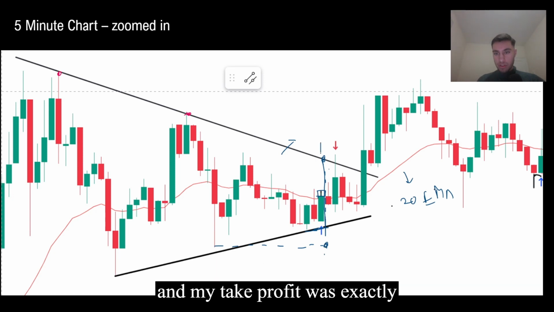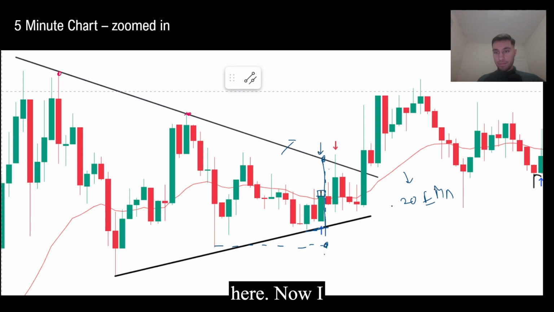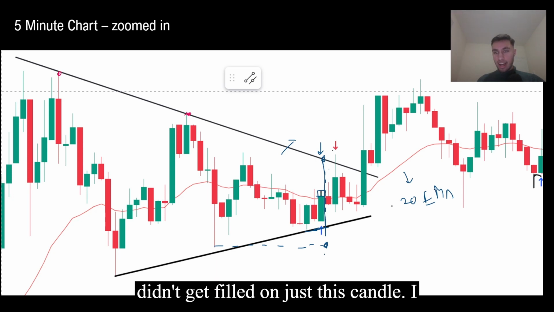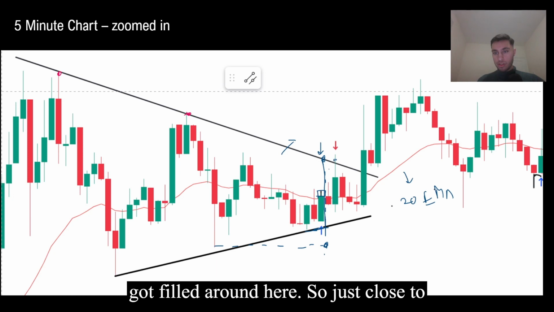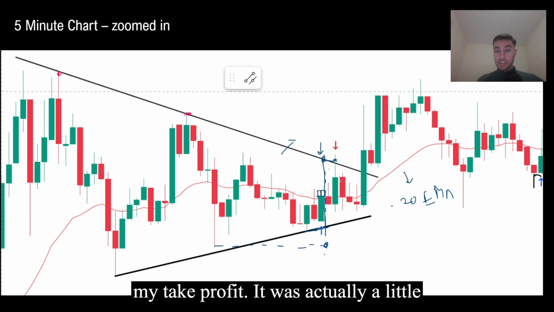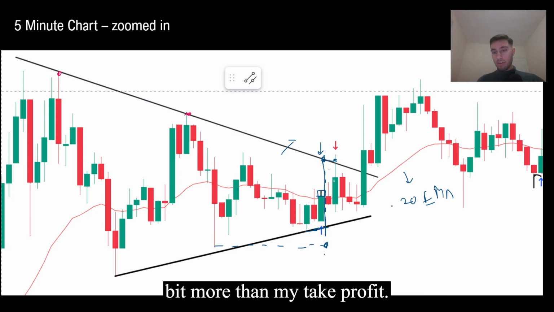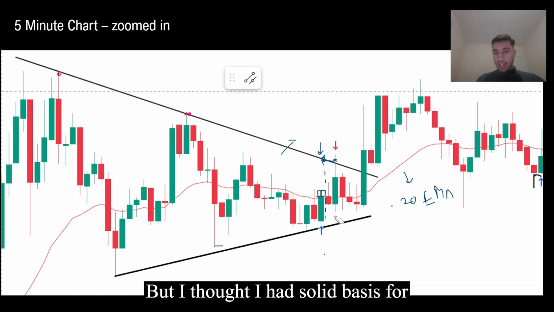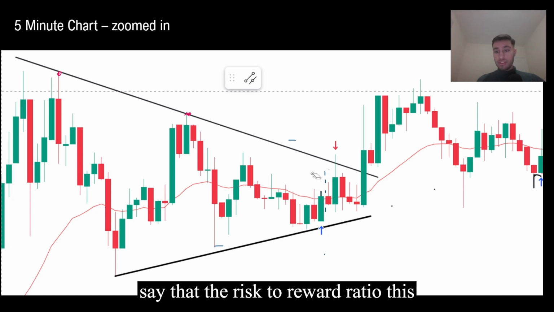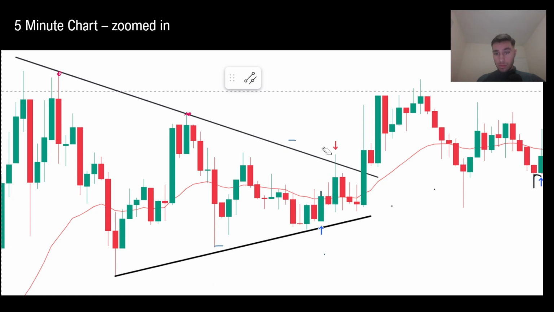And my take profit was exactly here. Now I didn't get filled on just this candle. I got filled around here, so just close to my take profit. It was actually a little bit more than my take profit. But I thought I had a solid basis for taking this trade, but I would like to say that the risk to reward ratio of this trade was only 1:1.